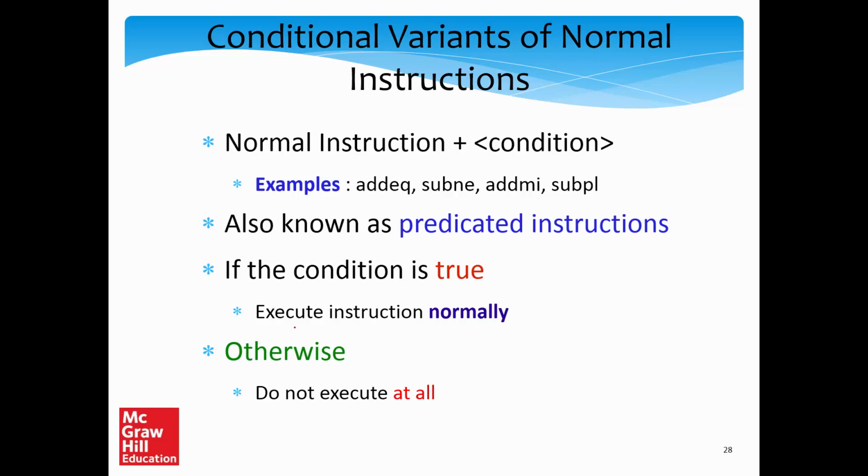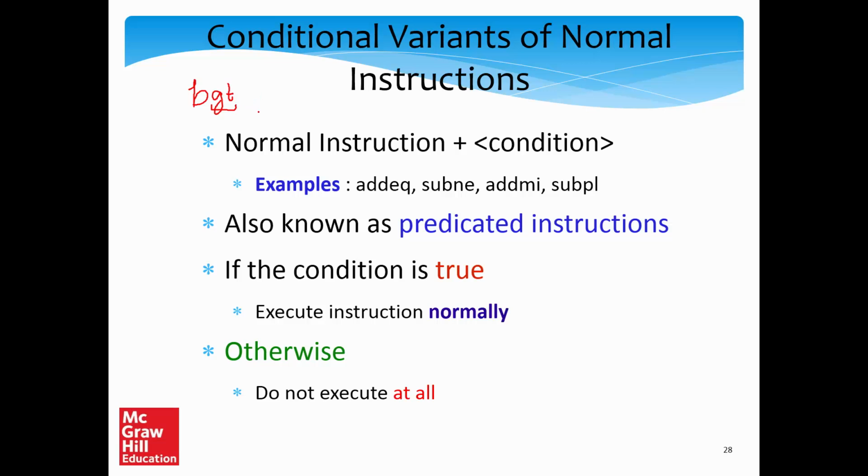So let's now look at some conditional variants of normal instructions. It is not just the case that these conditions EQ, NE, GT, all the 14 conditions that we studied, other than the AL always condition, will only be put after a branch. Previously we were putting them after the B instruction.